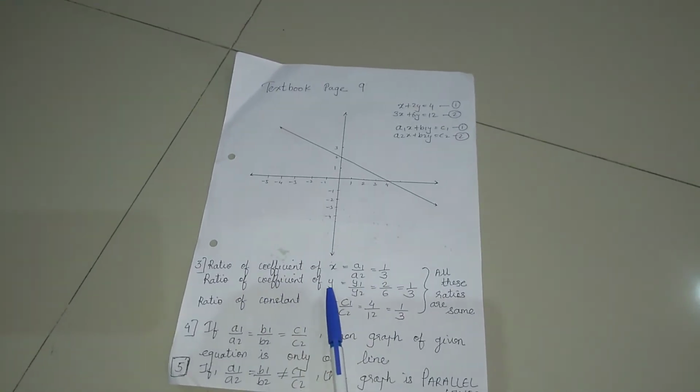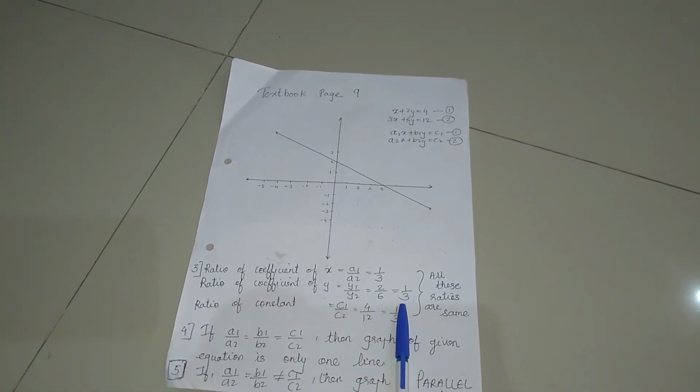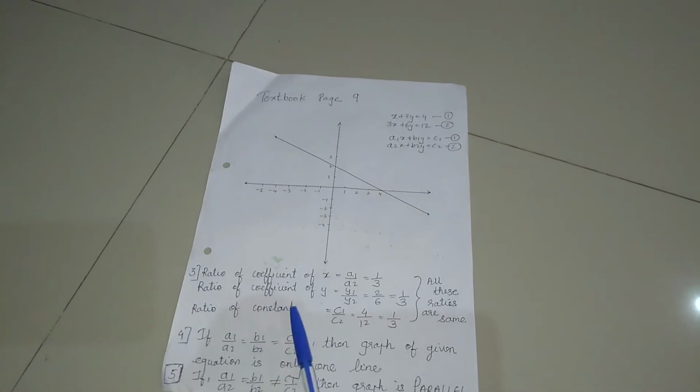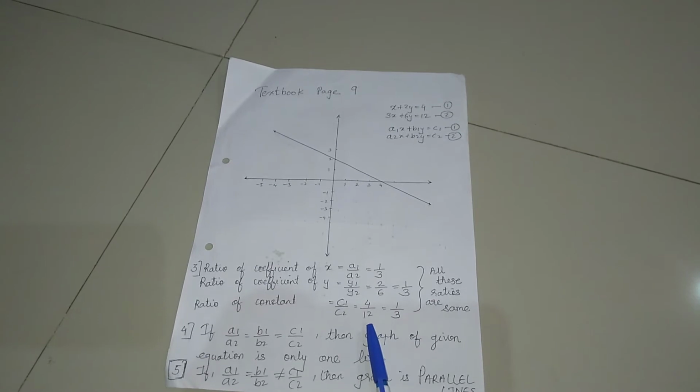Similarly, the ratio of the coefficients of y, b1 upon b2, is 2 upon 6, which is also 1 upon 3. The ratio of constants, c1 upon c2, is 4 upon 12, that is 1 upon 3.